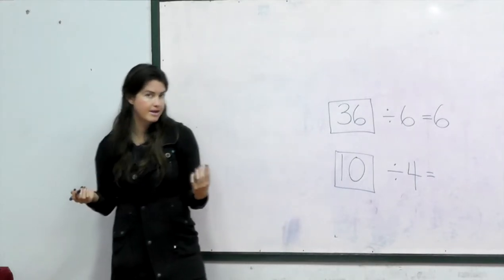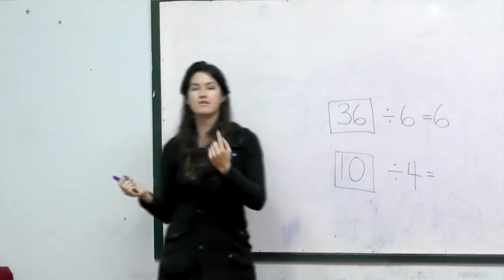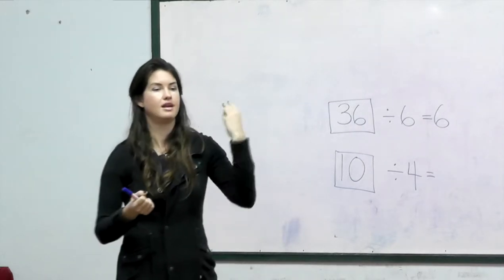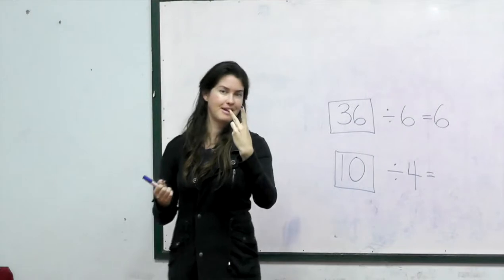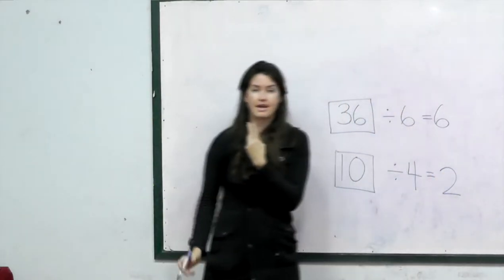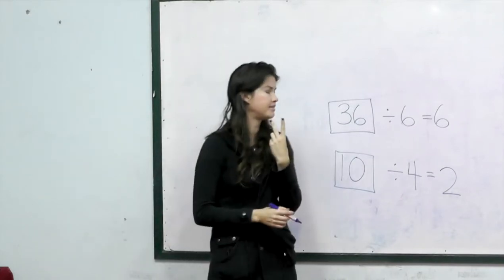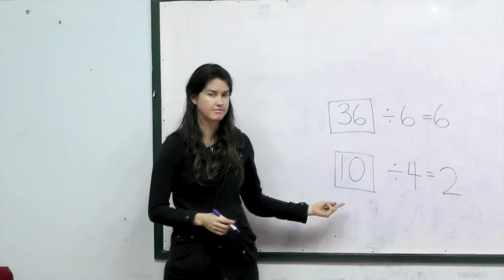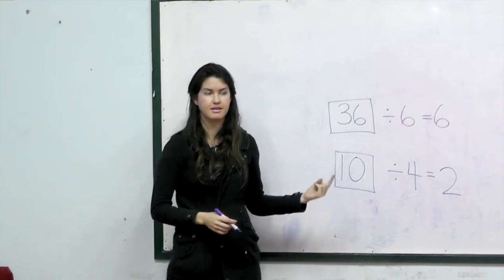So we're going to count by what number? 4. Here we go. 4, 8. Okay, we're going to stop. How many? 2. So she's got 2 puppies for every friend. Did we stop at 10? No. What did we stop at? 8.